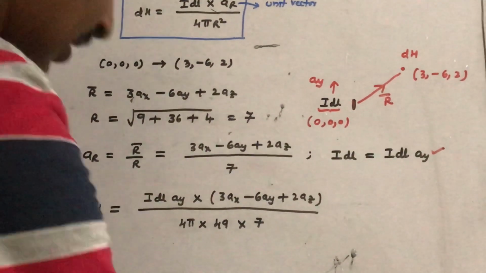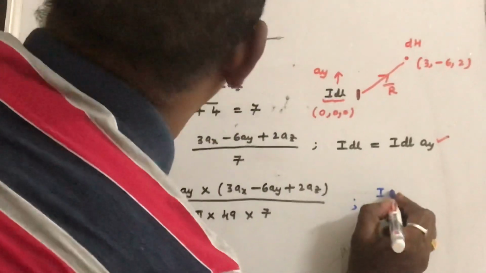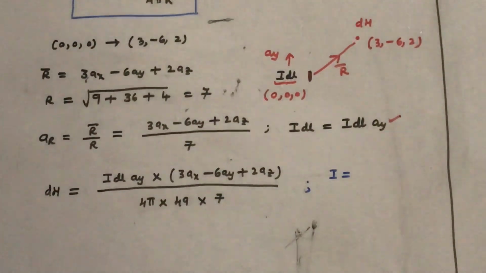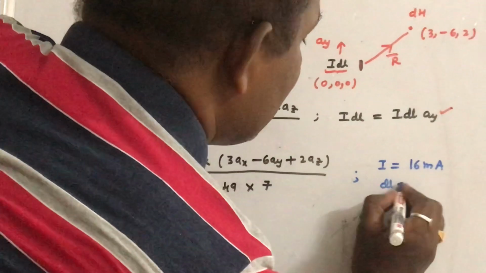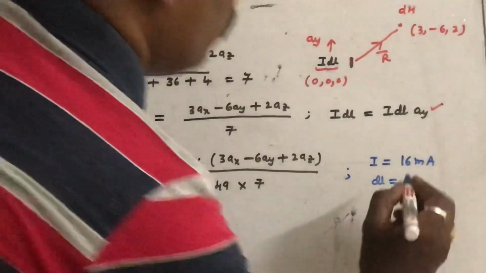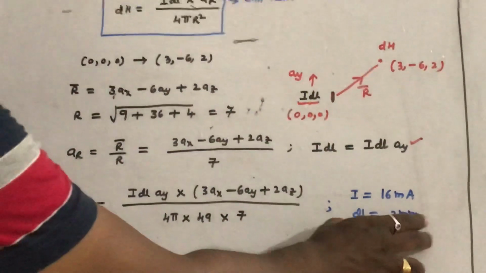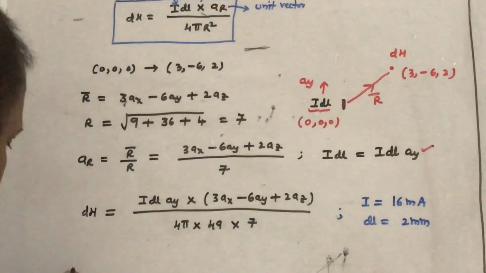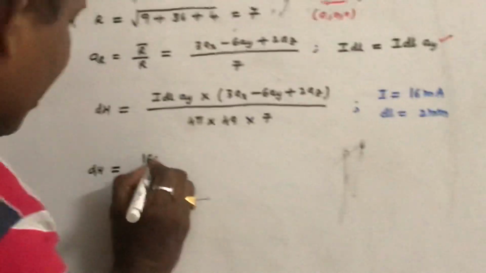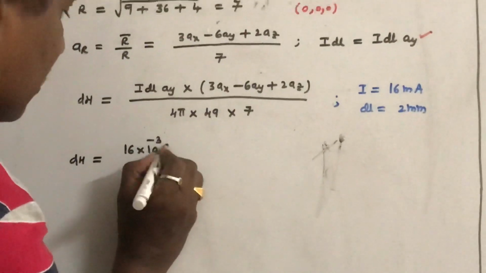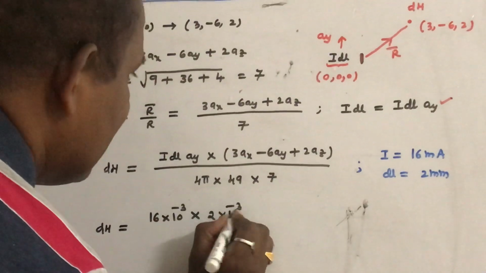In this formula, what is the given information? The given information is the current. What is the current flowing through this conductor? The current is given as 16 milliamperes, and the length of the section is given as 2 mm. Substitute these parameters in this equation. So therefore, dH is equal to I, 16 into 10 power minus 3, and the differential length dl is 2 into 10 power minus 3.